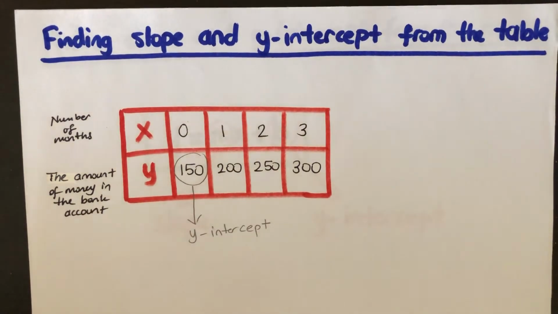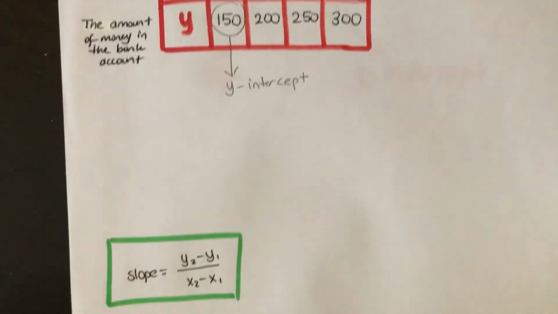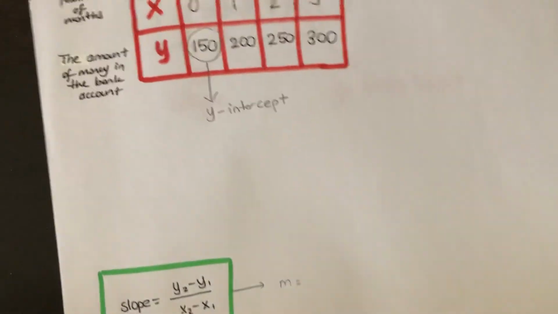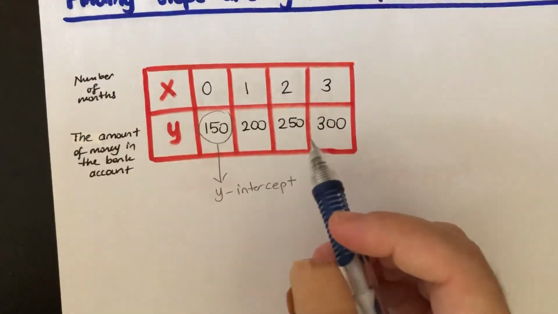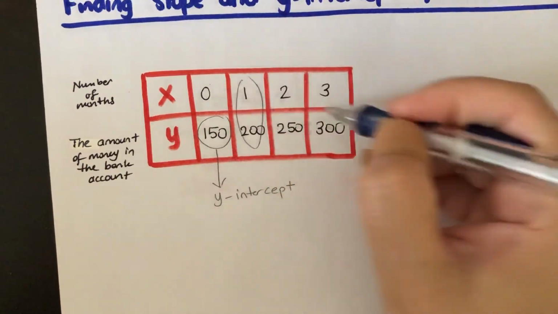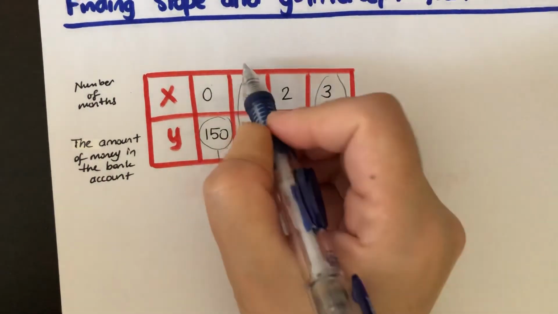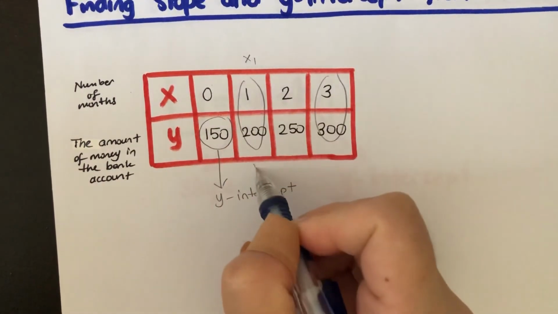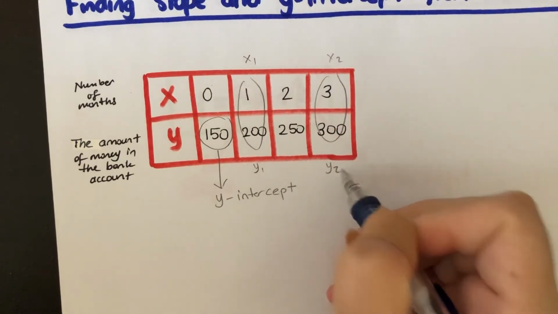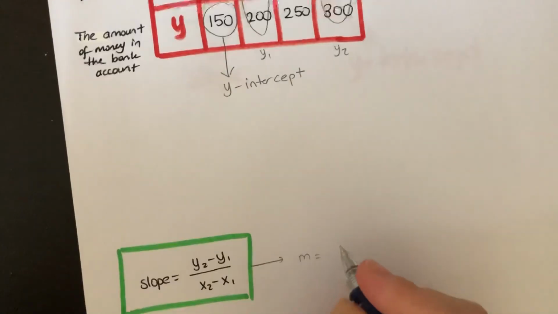Let's talk about slope again. I need 2 points, x1, y1 and x2, y2. It doesn't matter which ones you choose as your x1 and x2. I will choose these two from this table.